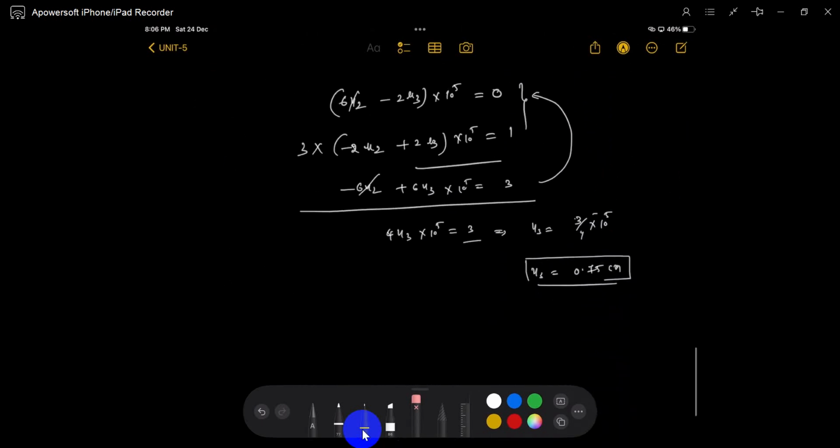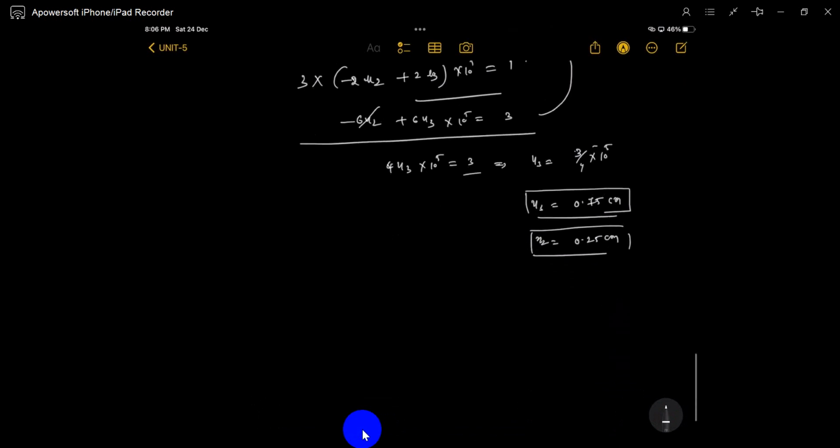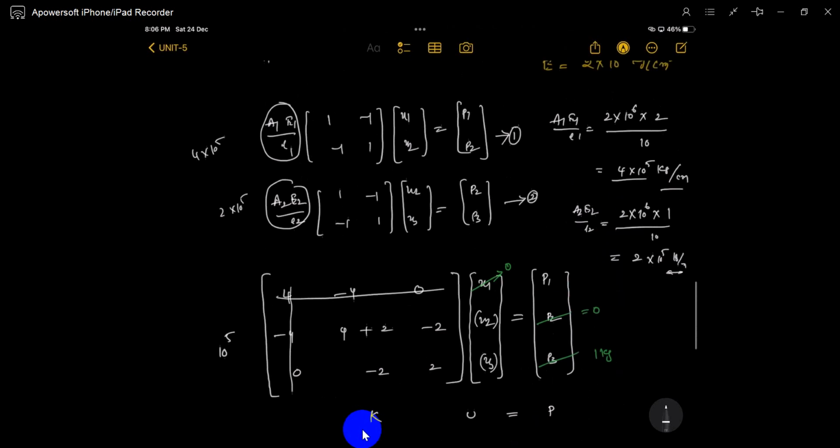Okay, what is u2? u2 you will get 0.25 centimeters. So these are the nodal displacements, not the displacements in the elements. These are the nodal displacements, u2 and u3.